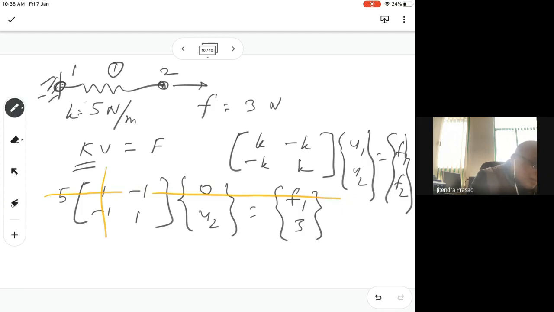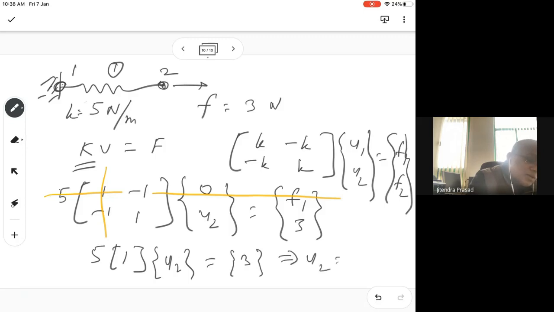We will have 5, which is coming from here, and then 1, and then U2 is equal to 3. So U2 equals 3 over 5 equals 0.6. You got the answer.